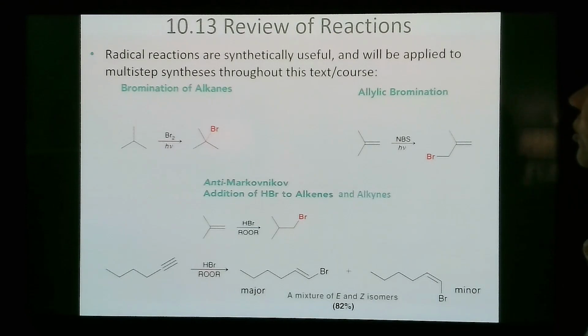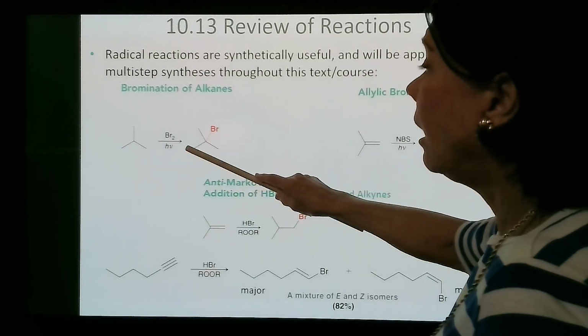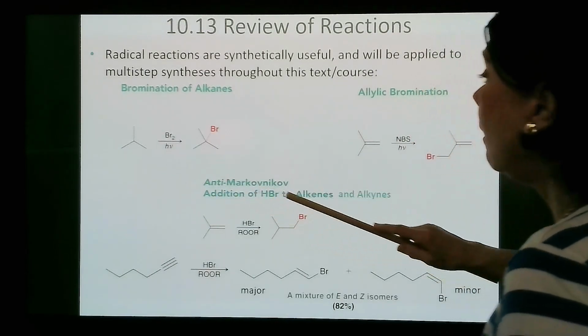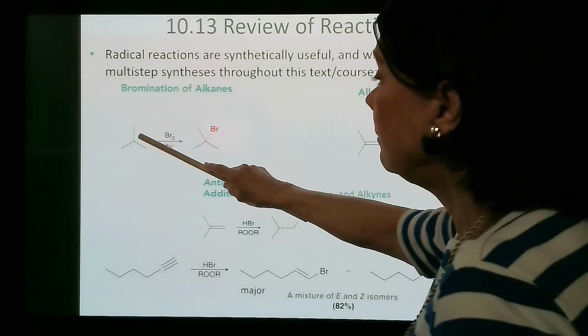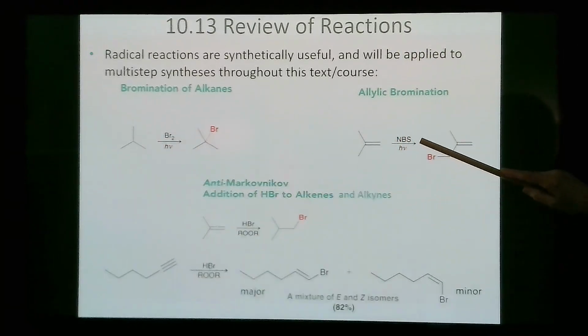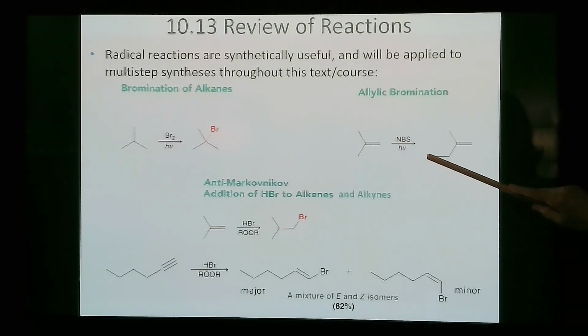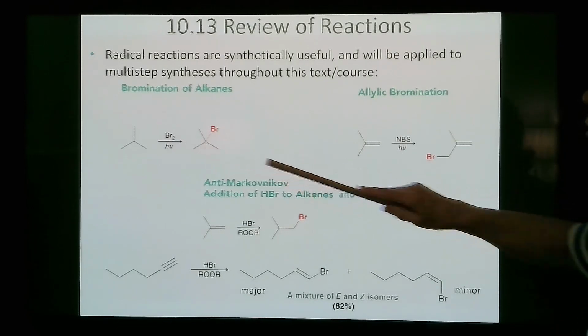And so here, this is the review of the reactions that you had so far. You've had bromination of alkanes, several chapters ago, using bromine and light. Then you had allylic bromination, also, not several chapters ago, but several sections ago.